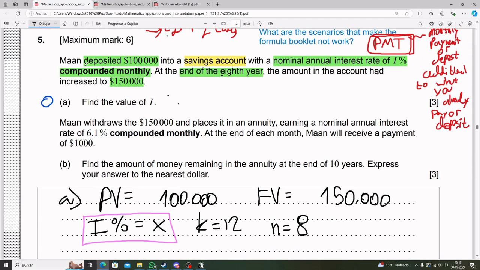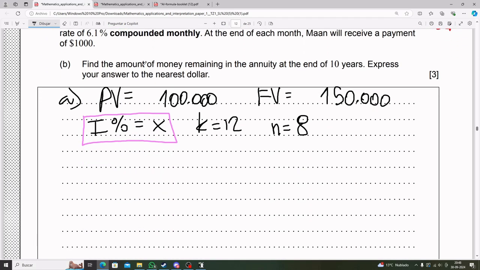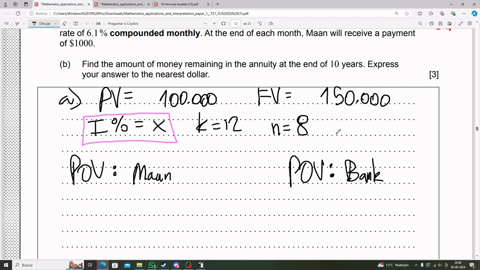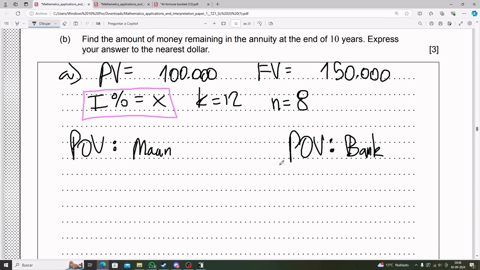Point is, my man deposited $100,000 into a savings account. And so there are two perspectives you can take here. Just to explain a little bit of the mark scheme here, you have the POV, point of view, of my man, or you can take the point of view of the bank. I think understanding the bank is a little bit easier here.